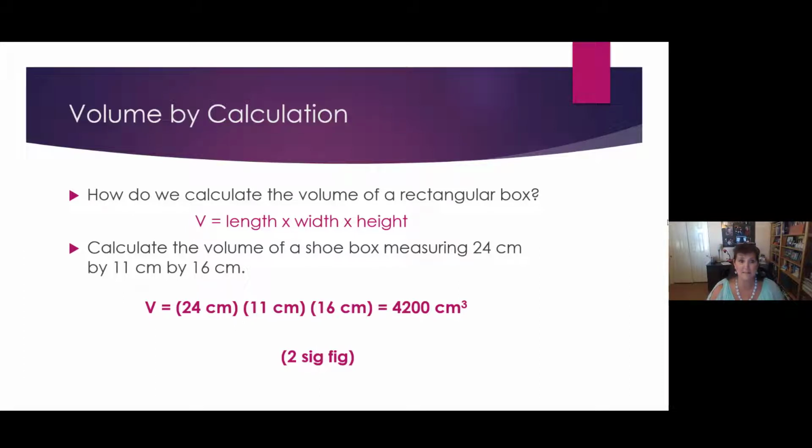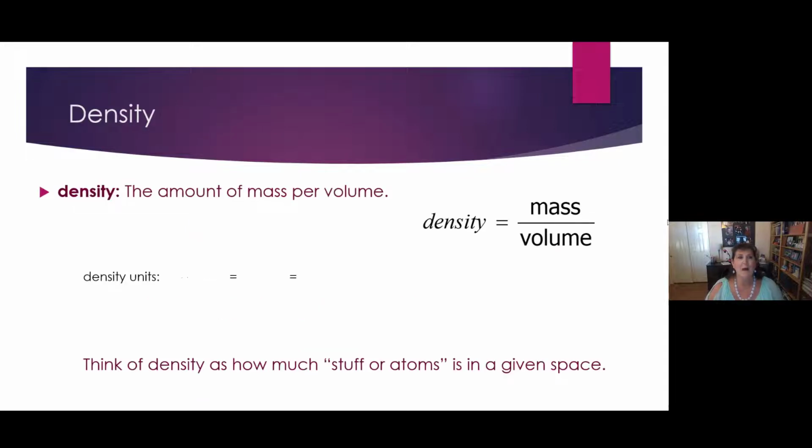Sig figs. All right, next up, new topic, density. Density is the amount of mass per volume. Per means divided by. So density is mass over volume. If you draw a heart and put a line through it, you get an M over a V. So I heart density, mass over volume.